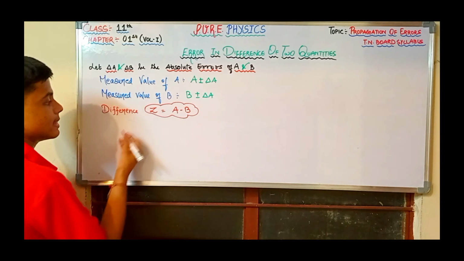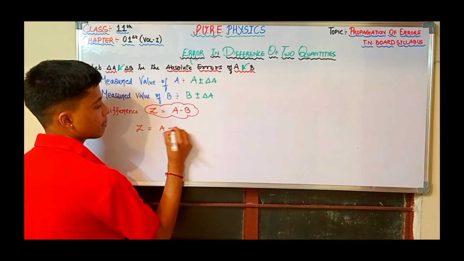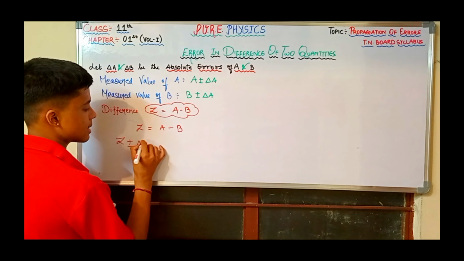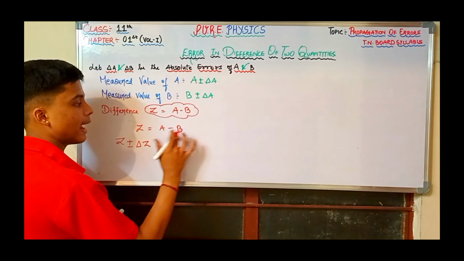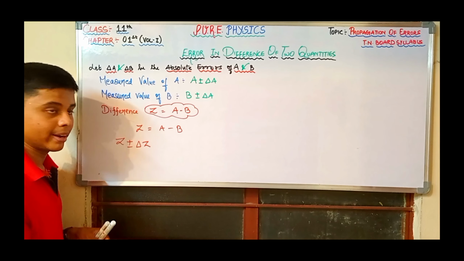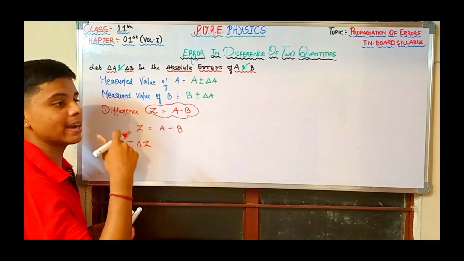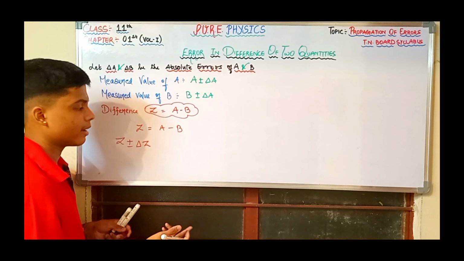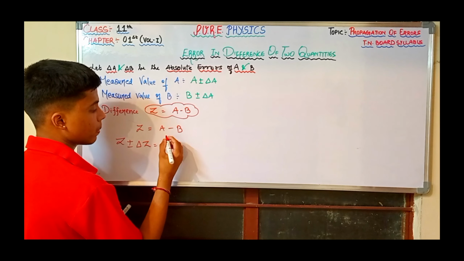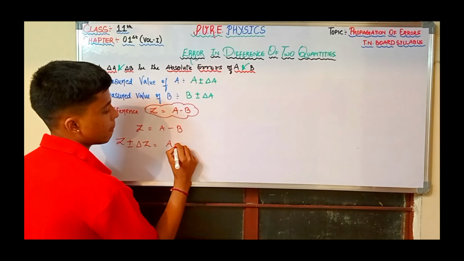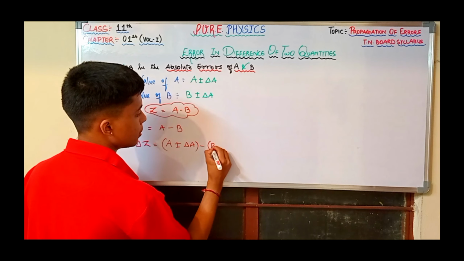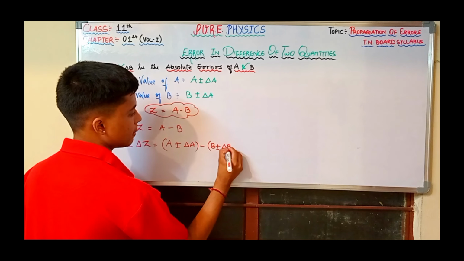So in the place of Z, I'm going to substitute Z plus or minus delta Z, because when you substitute A and B from this equation, obviously the final answer will contain error. The final answer will be either slightly greater or slightly less than that value. So Z plus or minus delta Z is equal to, in the place of A, A plus or minus delta A, minus, in the place of B, B plus or minus delta B.